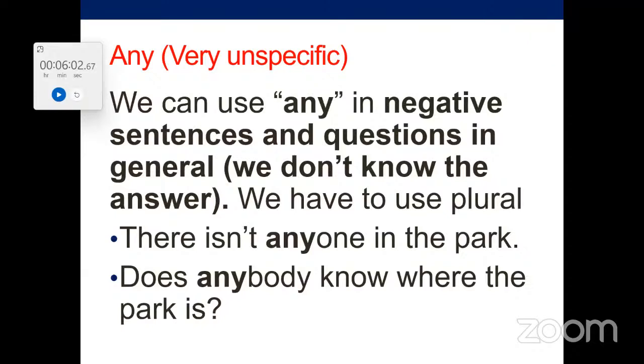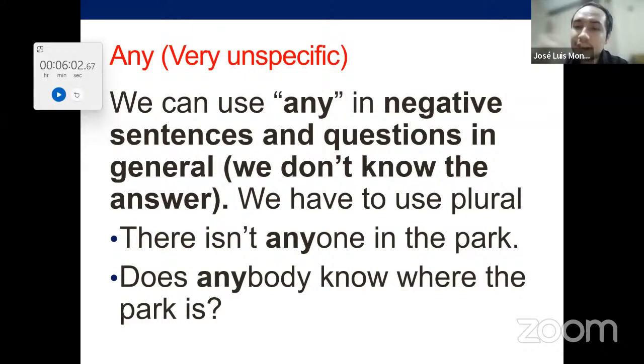Thank you very much. So remember, any for negative ideas, usually, or for questions when you don't know the answer. Does anybody know where the park is? Does anyone know about this information? Or can anybody help me?